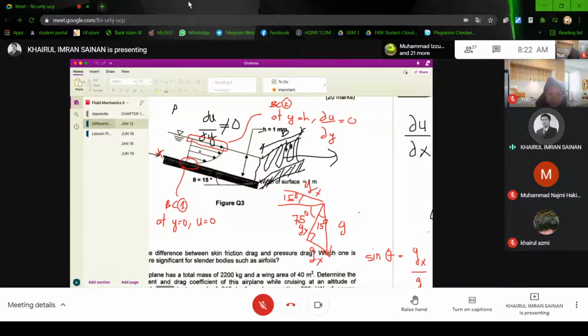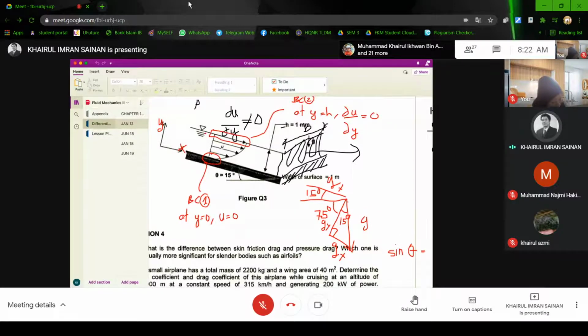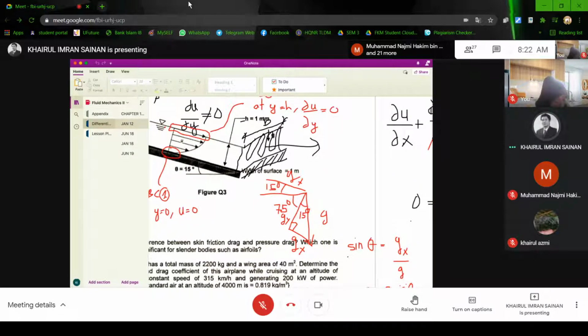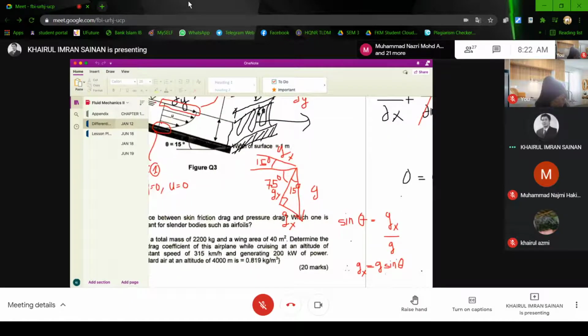The actual gravity acting on this is in this direction, which is the one that we feel now, right? Directly towards the bottom side. So from here, we found out that gx is actually g sine theta.